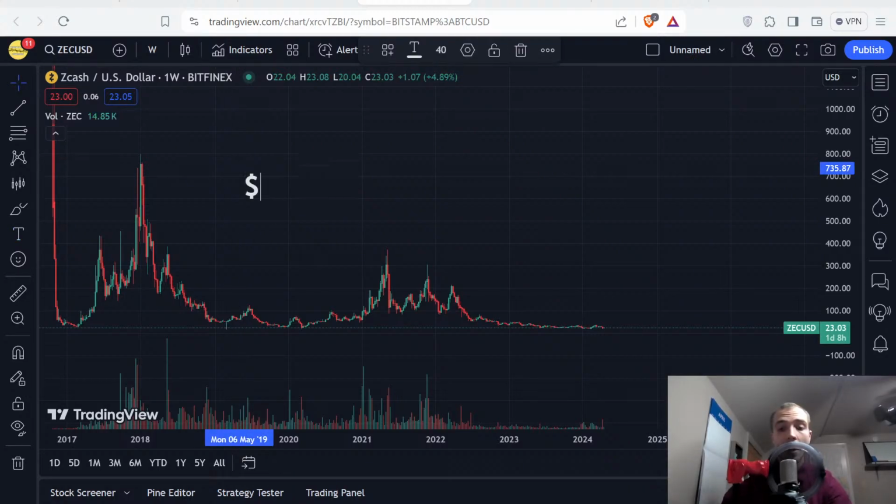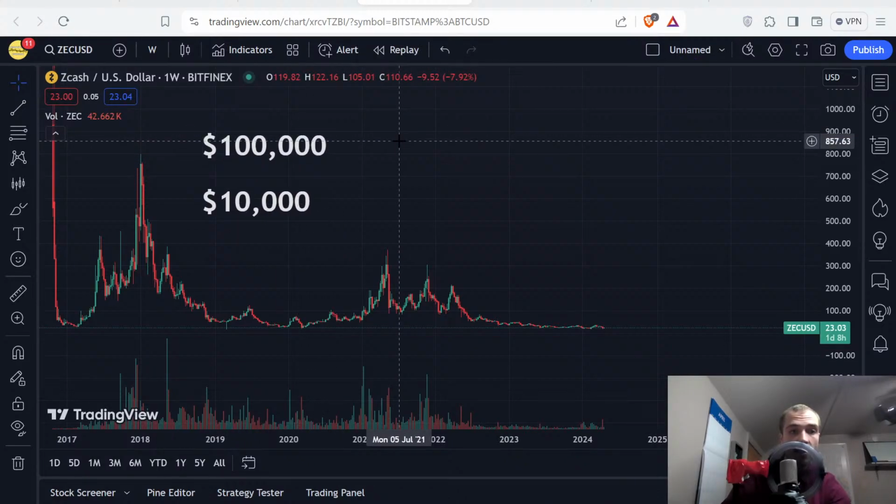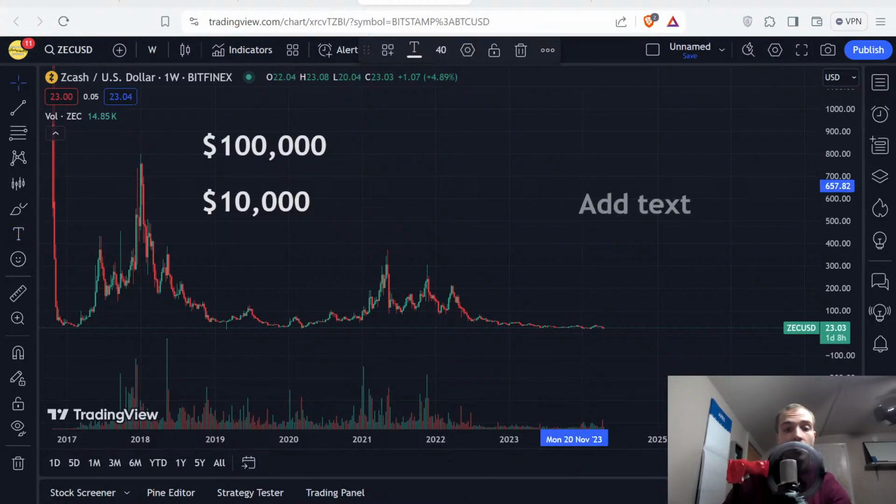Because anything that can make you $100,000 off of a $10,000 investment, I wouldn't call that dumb personally. You know, that's pretty cool if you ask me. And a lot of these coins look like they're dead, but they're set up to do 25x, 50x in value. They've been accumulating for quite some time now.